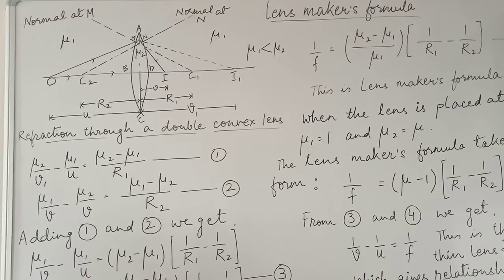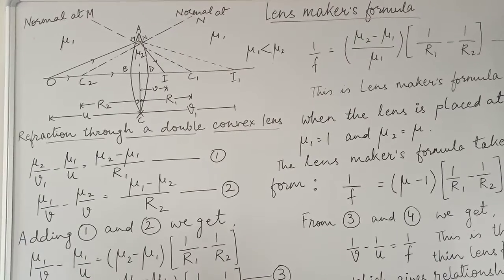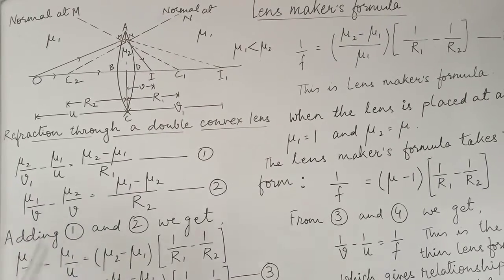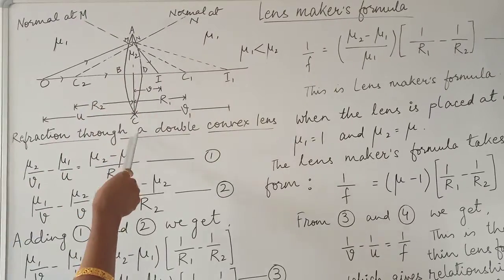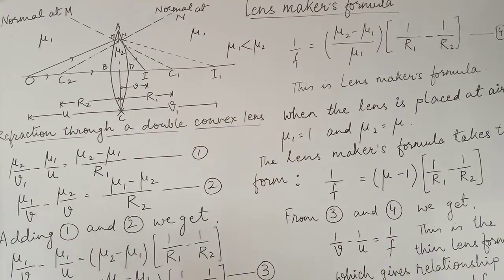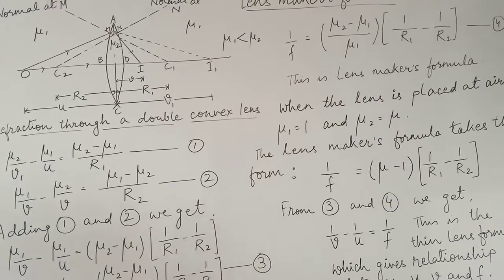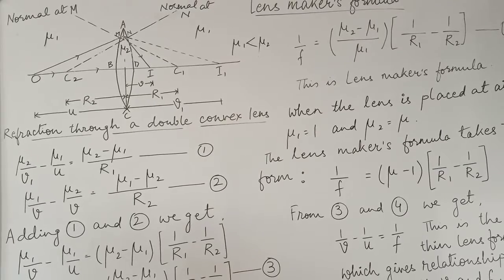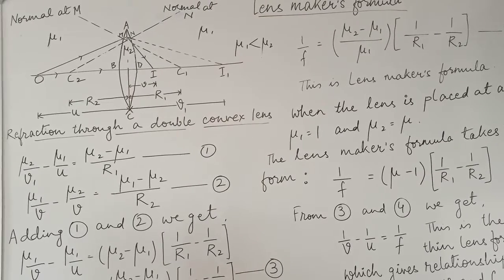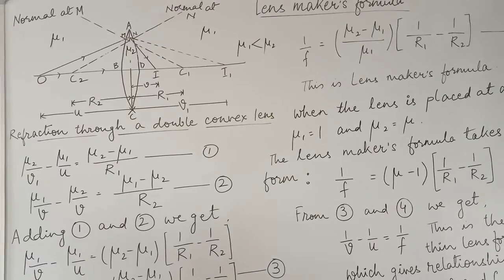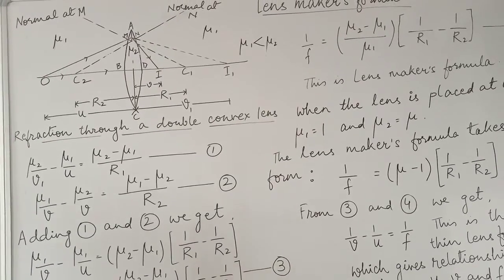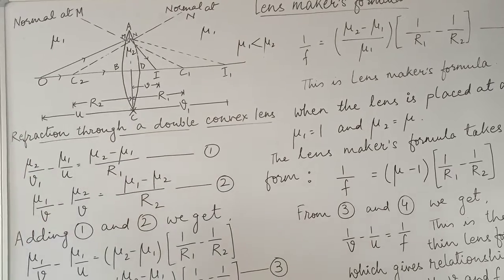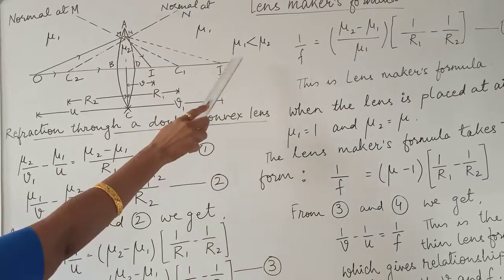Assumptions made in the derivation of the lens maker's formula. The lens used is thin, so that the distances measured from the surfaces may be taken equal to those measured from its optical center. The object is a point object placed on the principal axis.